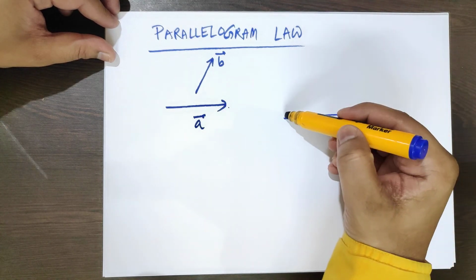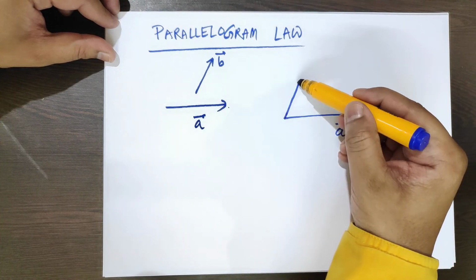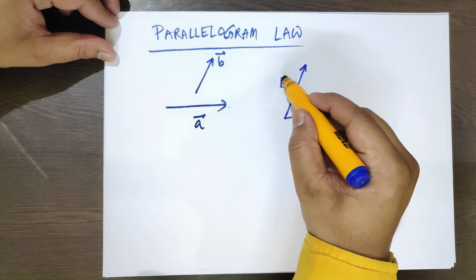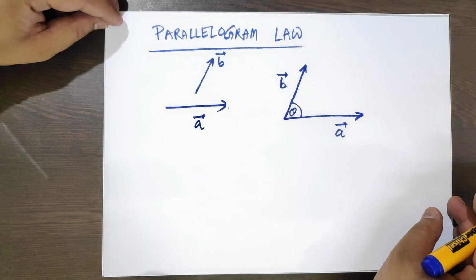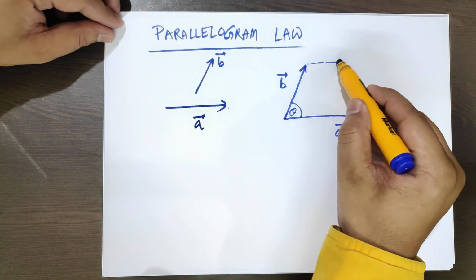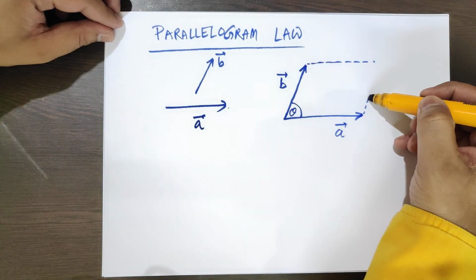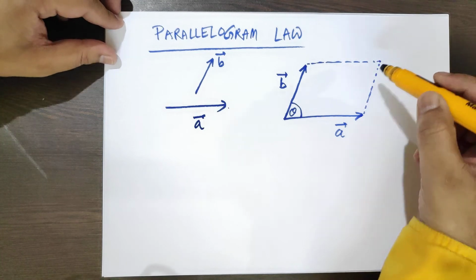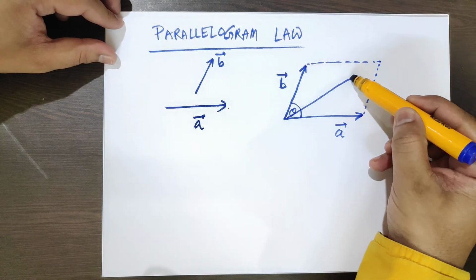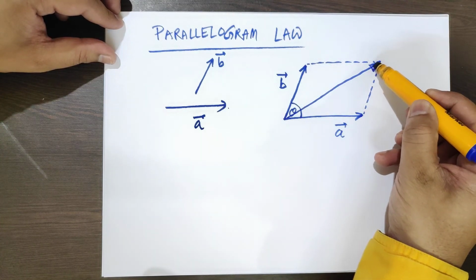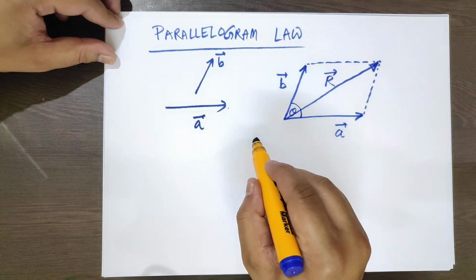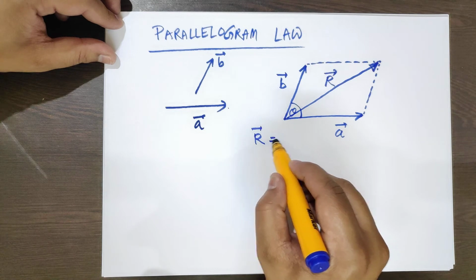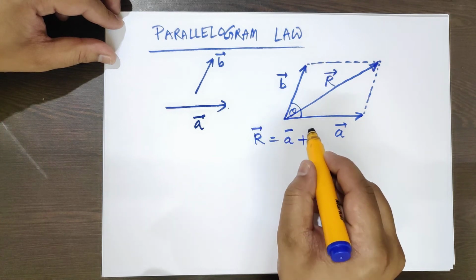So that's A, and wherever it is, shift it parallel. That's B, and this is theta. After joining tail to tail, complete this parallelogram and just draw this diagonal. See, this is R is equal to A plus B.